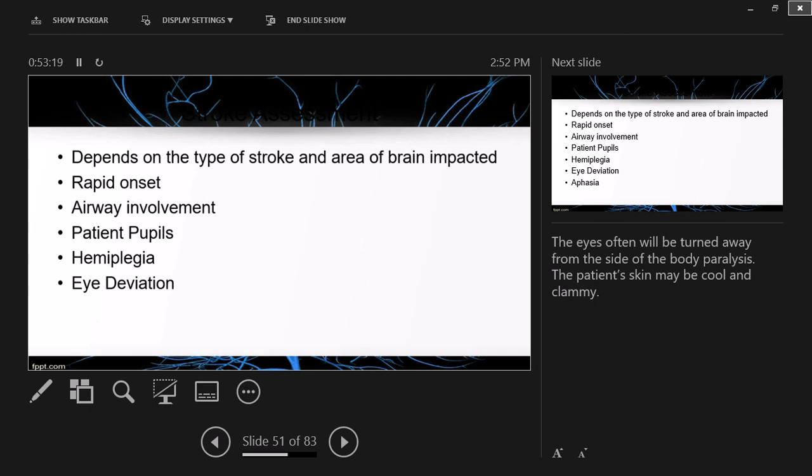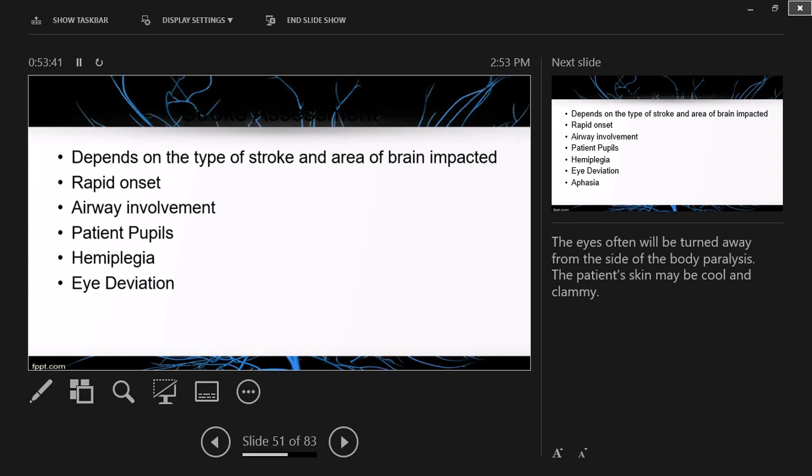Once it spills out into contact with the brain tissue, it's almost like the brain tissue itself seizes up. And so that sudden onset of the worst headache, with or without those other signs and symptoms, would be your identifier. Is that all right? Okay.